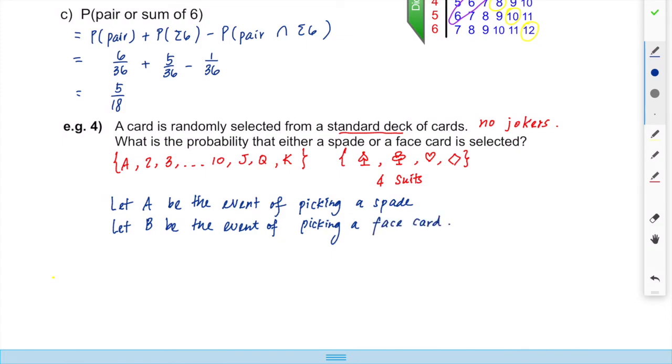Okay, so now the either or tells me that I'm curious to look at P of A or B, which is P of A plus P of B minus P of A and B.